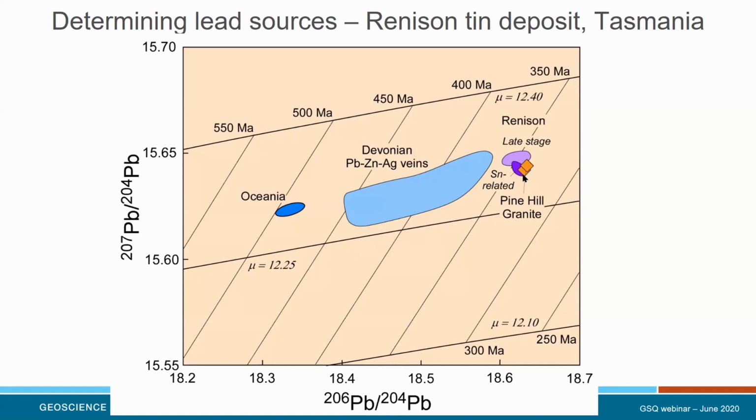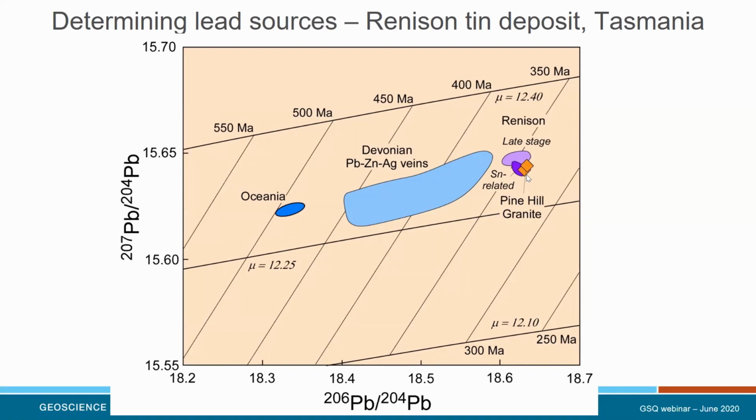But the important thing is that we took some analyses from the Pine Hill granite. We took feldspars from the Pine Hill granite, which can give you initial ratios. We analyzed those, and it tells you that the lead isotope characteristics of the Pine Hill granite are identical within error of the lead isotope characteristics of the Renison ore bodies.